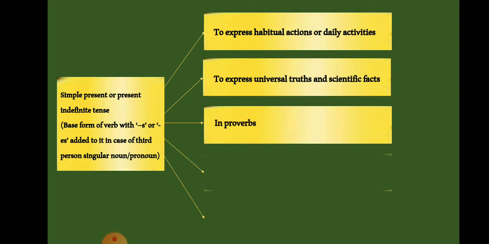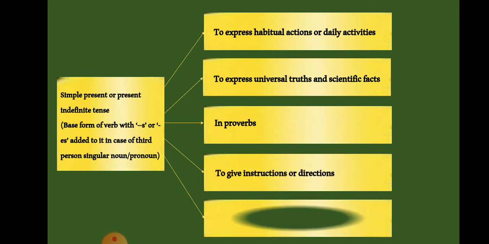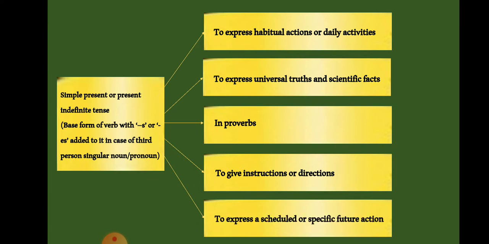We use simple present tense in proverbs, to give instructions or directions, and to express a scheduled or specific future action. In simple present tense, we use the base form of verb, means the root form of verb, with s or es added to it in case of third person singular noun or pronoun.